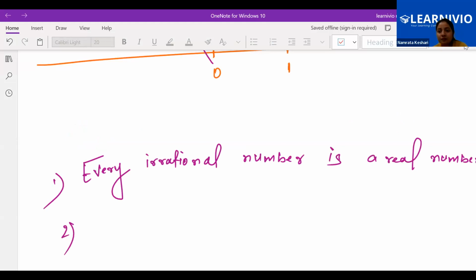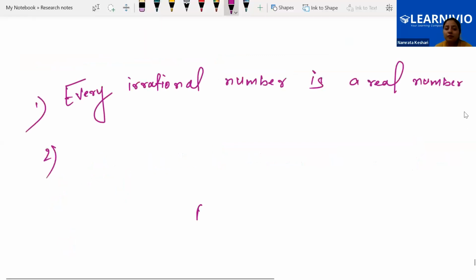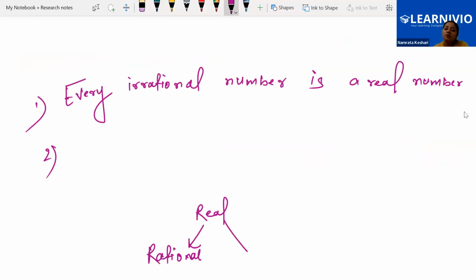Real number means what? Real number means all the numbers which exist in this universe. So real number means rational numbers also, and irrational numbers also. All the rational numbers, irrational numbers, natural numbers, whole numbers, integers, whatever number exists in this real world, those are called real numbers.